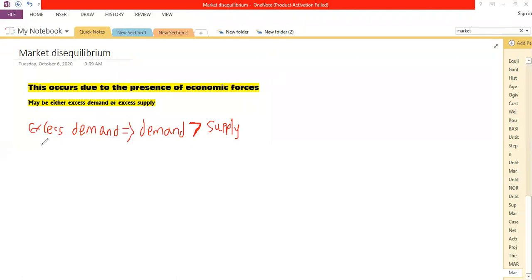Okay. What is excess supply, on the other hand, as an economic force? Excess supply would occur as an economic force when it's a situation when the supply of the commodity in the market is actually more than the demand.